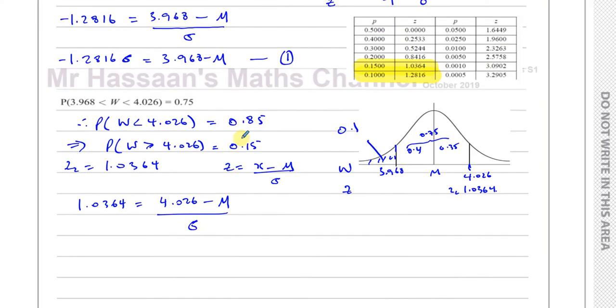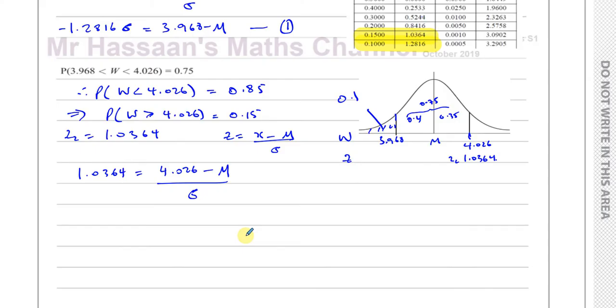From this we deduce a second equation: 1.0364 times sigma is equal to 4.026 minus the mean.